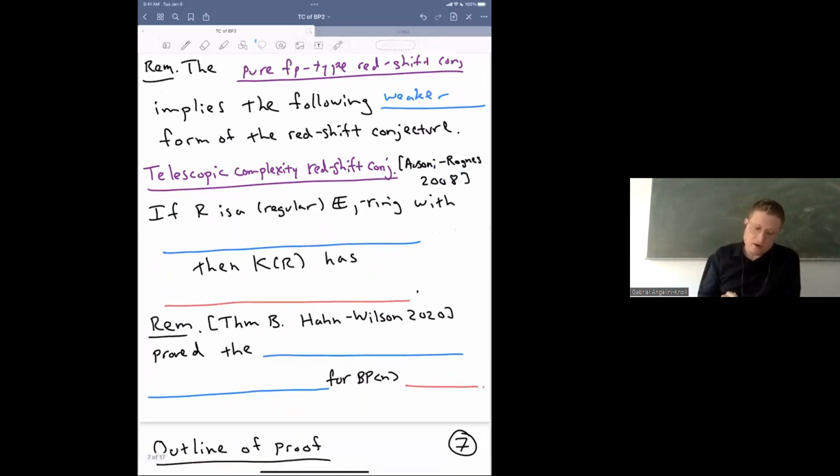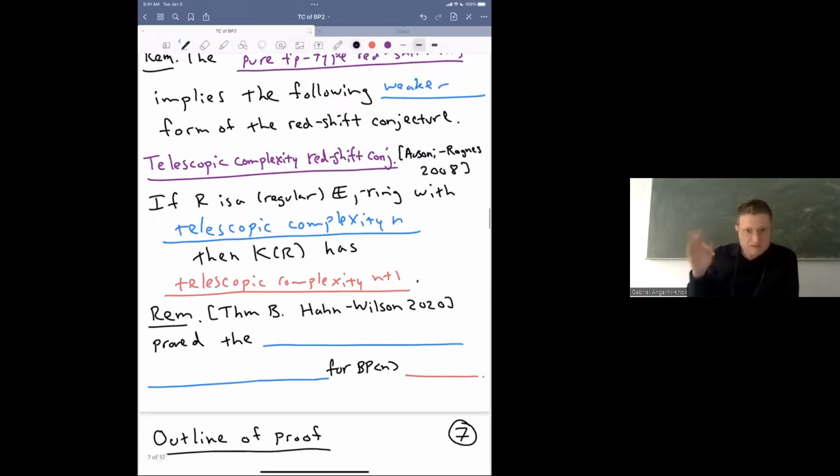So if R is, let's say again, a regular E1 ring with telescopic complexity n, then the algebraic K-theory of R has telescopic complexity n plus 1.